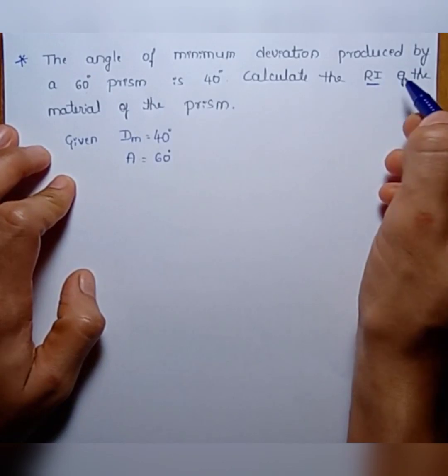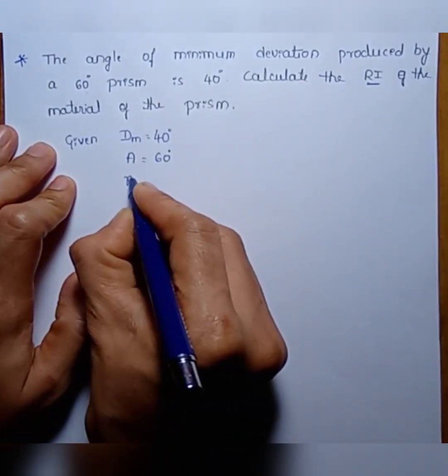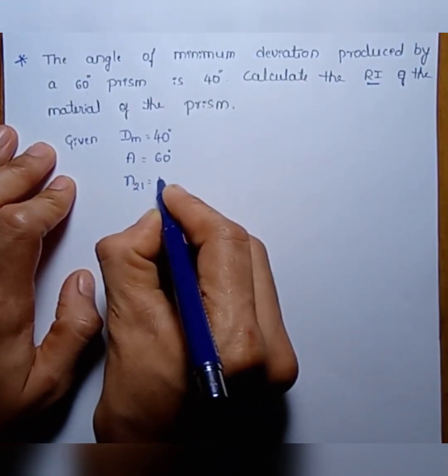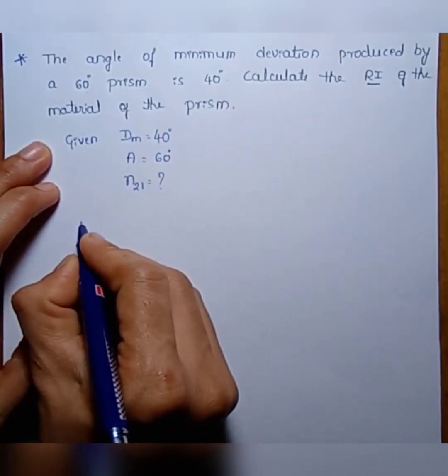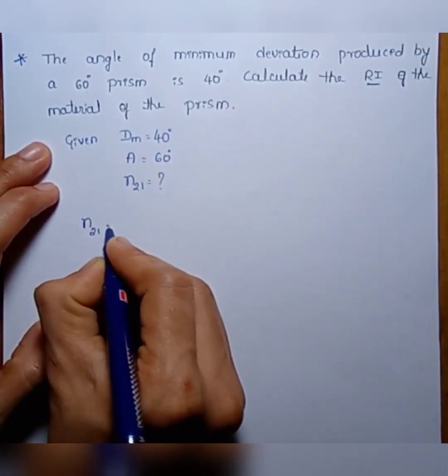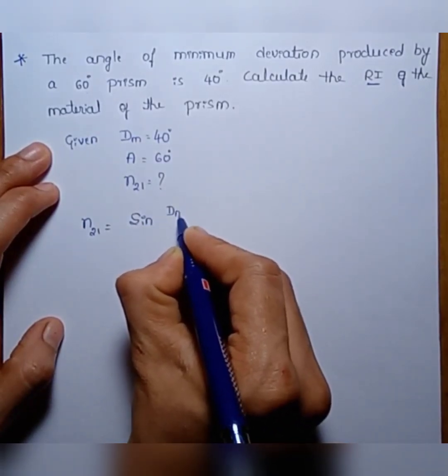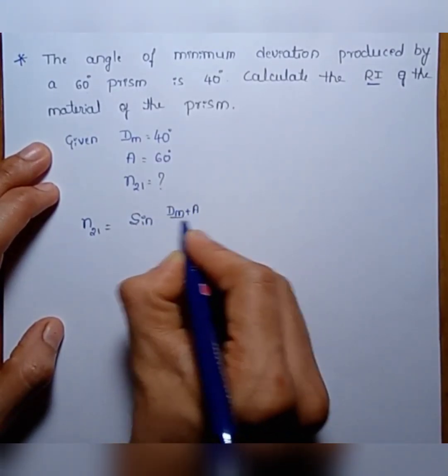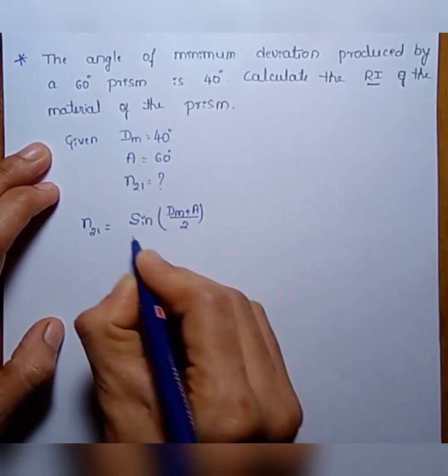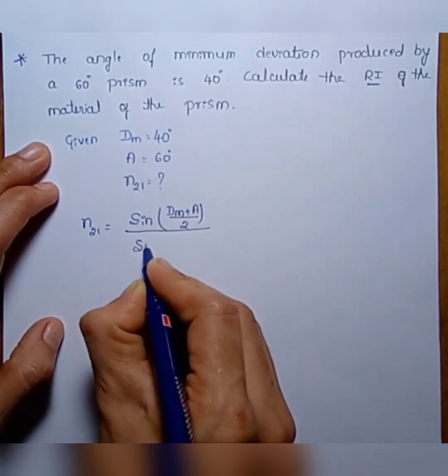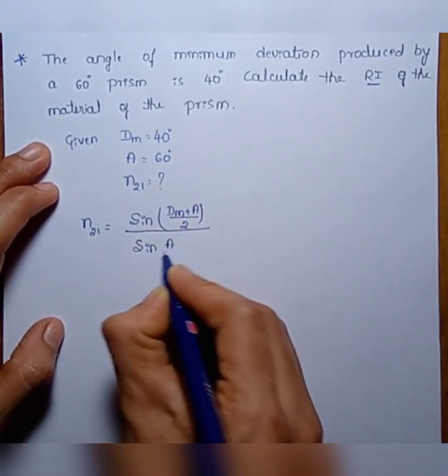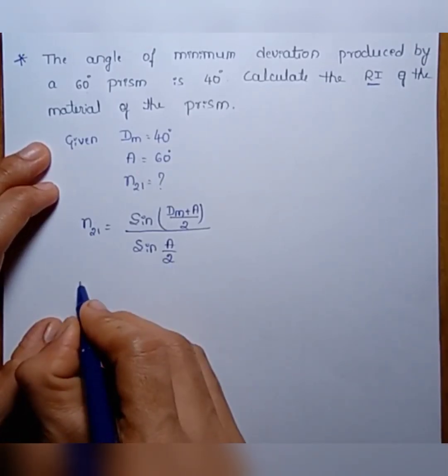Calculate the refractive index of the material of the prism, N21, we have to find out. We know N21 is equal to sine of (Dm plus A) divided by 2, whole divided by sine of A divided by 2. This is the formula.